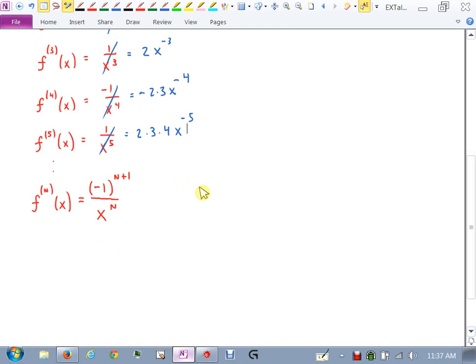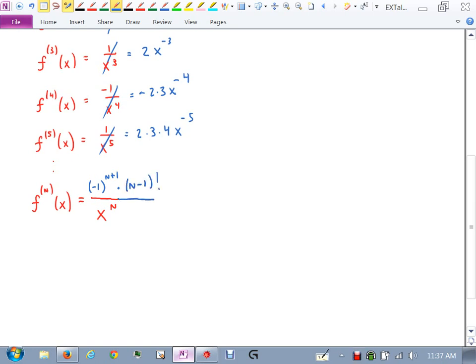So we need to rethink this formula here. The negative part I think we're good with, getting the back and forth negative. It should still be negative 1 to the n plus 1. But what's next to it over here? It's n minus 1 factorial.